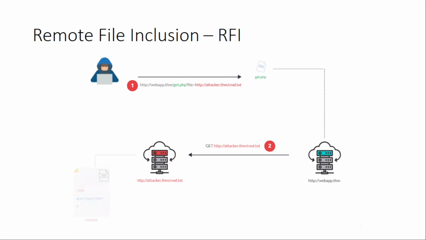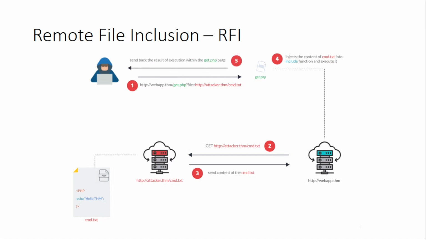The attacker's server will send back this file. So here it's just not much, it's just PHP echo hello THM, and it sends it back to the web app. Then it injects the content of cmd.txt into the include function and executes it, and sends back the result of execution within the get.php page.